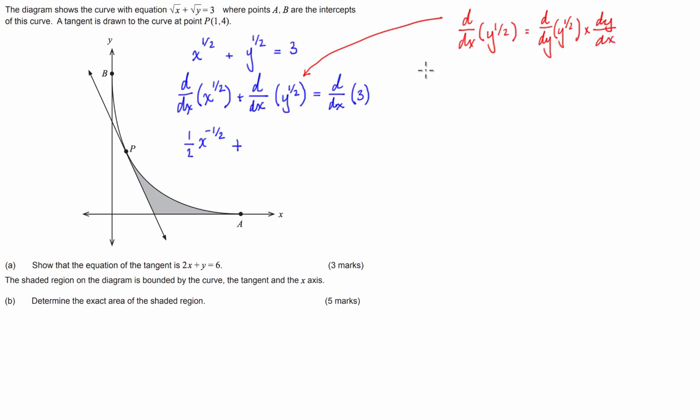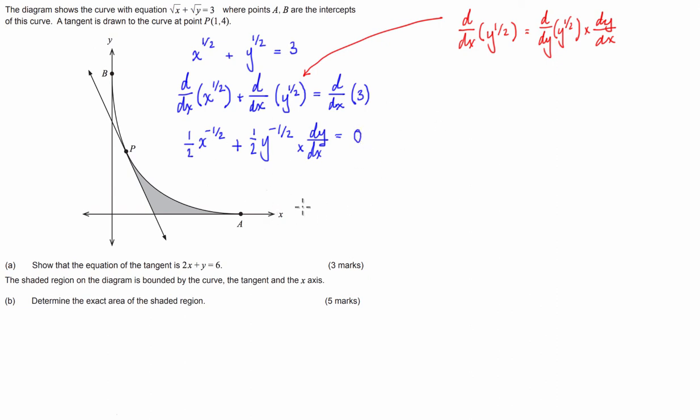So we take the derivative with respect to y of y to the power of 1/2, which is exactly the same as this one. We're going to have 1/2 y to the power of -1/2 times dy/dx. And that's going to be equal to the derivative with respect to x of 3, which is simply 0.